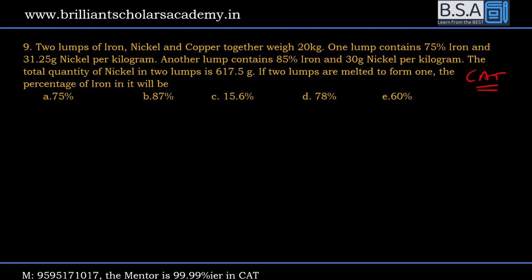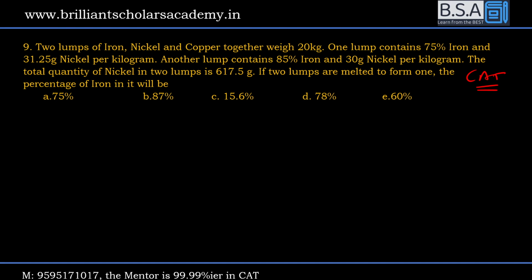Again, you try to look at the key parts of the question. 20 kilogram is created or is formed with two separate parts. In the first one, there is iron content which is 75 percentage. In second one, there is iron percentage which is 85 percentage.